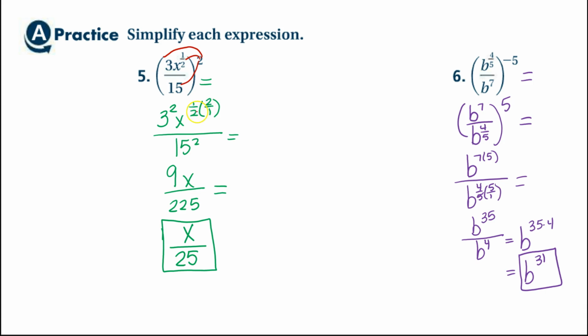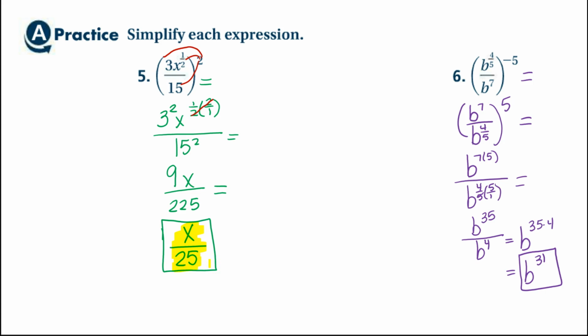The 2's end up canceling each other out there. So 3 squared x over 15 squared, so 9x over 225. And 9 over 225 reduces down to 1 over 25, giving you a final answer of x over 25.